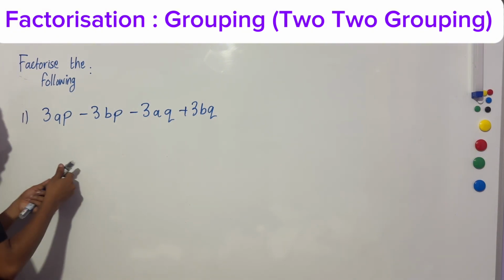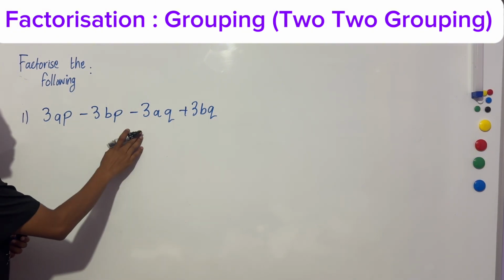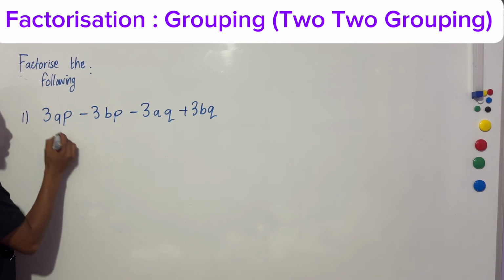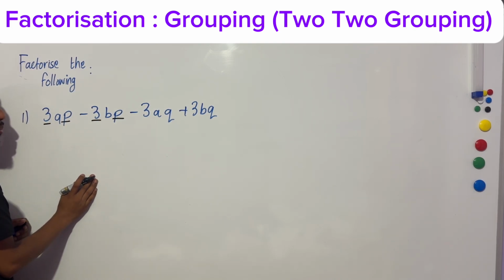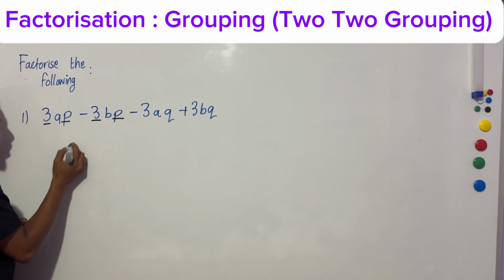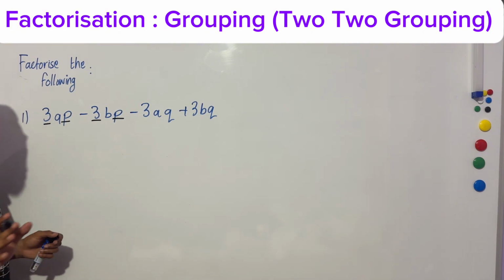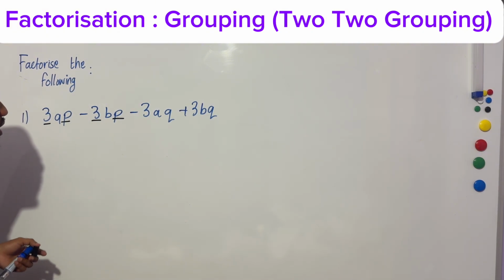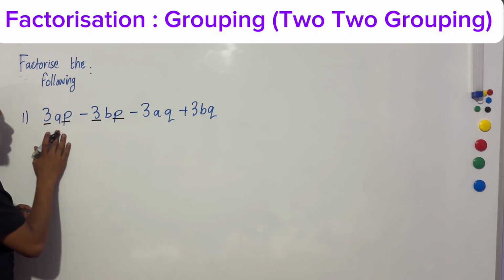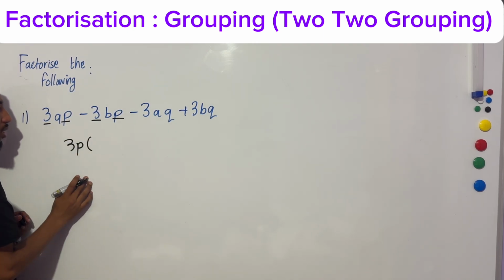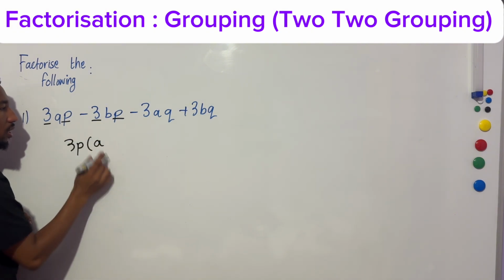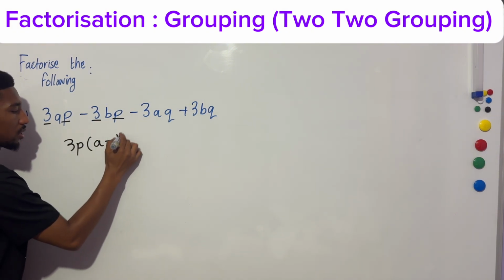Now, when I look at this over here, I can see that I can take out a common factor of 3p. That is what I do first and foremost: if there are any common factors with the first two terms, I take that out. So I have 3p, and in brackets I'm left with a minus b.